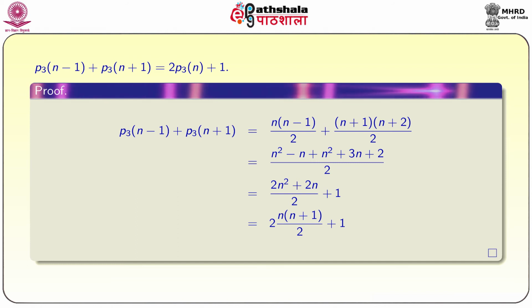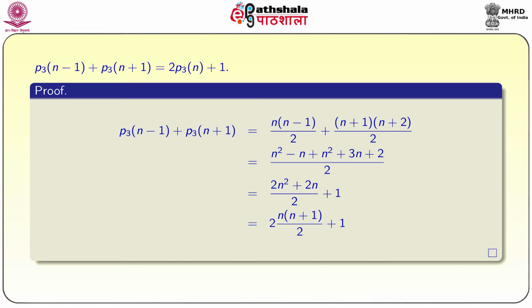Similarly, another result is P3 of n minus 1 plus P3 of n plus 1. That means it is not a sum of consecutive triangular numbers, but we leave the middle one, and then we get 2 times the middle triangular number plus 1. This is also one of the nice properties of the triangular numbers.